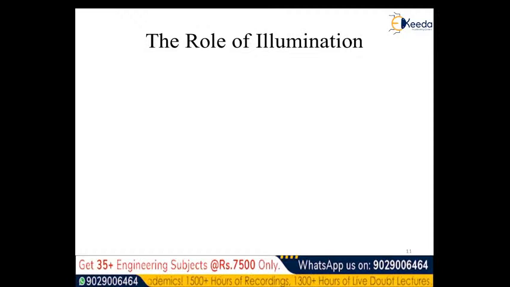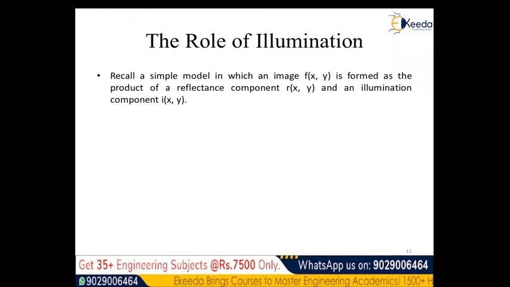At that time we discussed the image formation model. We had the representations for the amount illuminated for the objects and how much is the amount of energy we have received as the reflected portion. Let us recall that simple model where we have the image denoted f of x comma y, and it is constituted by two components.